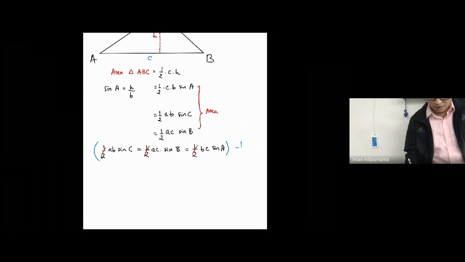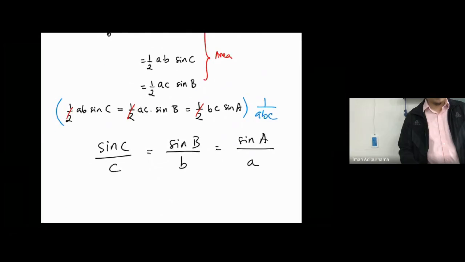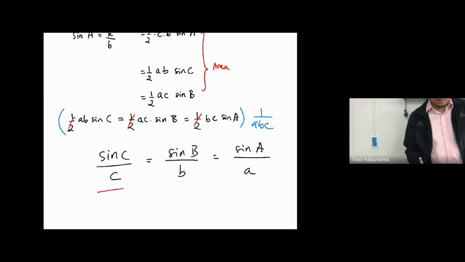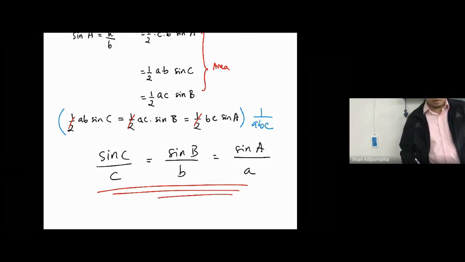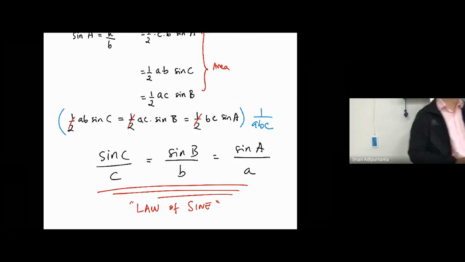So I will get sine C over c, sine B over b, sine A over a. This is what we call the law of sines.